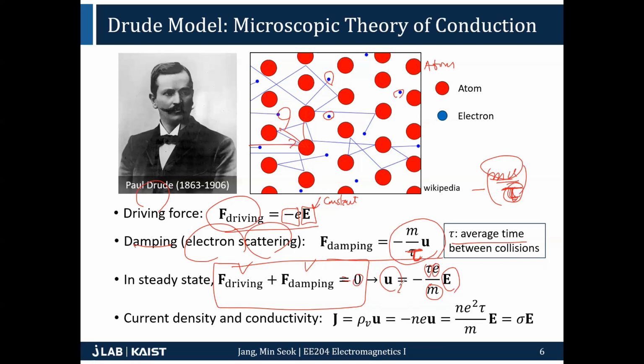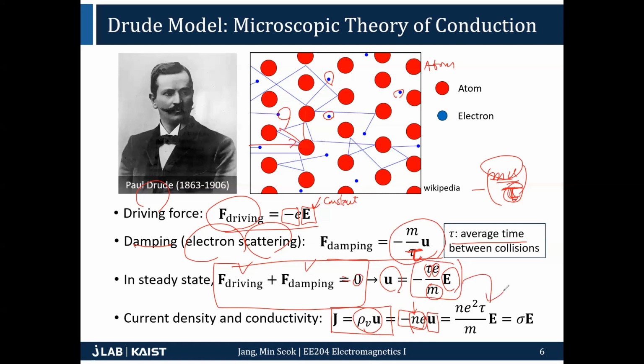And from this, we know that J is rho v, and rho is minus N e, where N is the electron number density and e is the elementary charge. And then u, the terminal velocity, we have the formulation here.